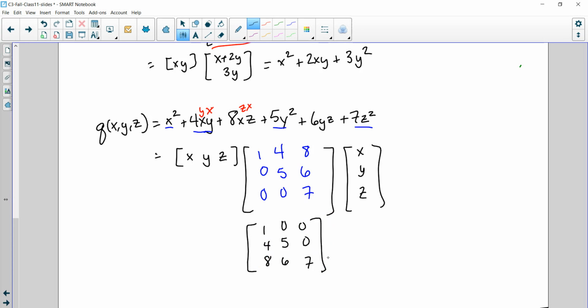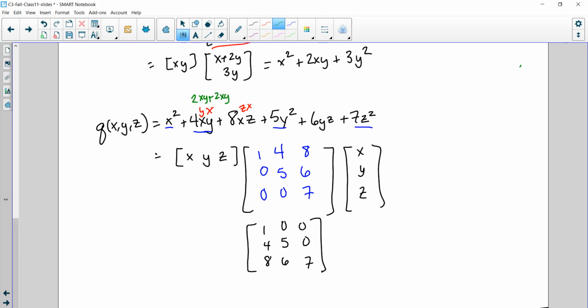But the fun doesn't stop there. That isn't the only other answer. I could have split this into, say, 2xy plus 2xy, or any combination thereof.